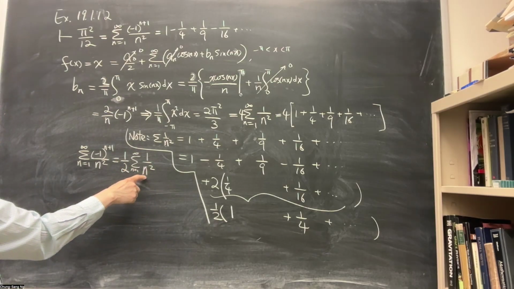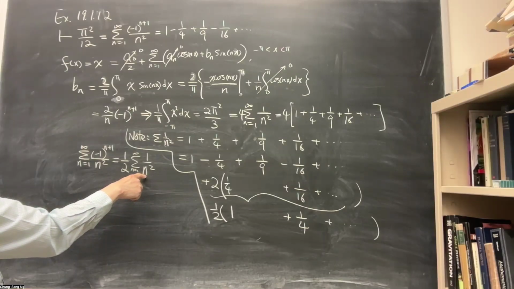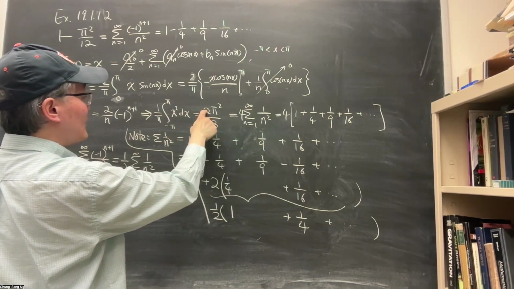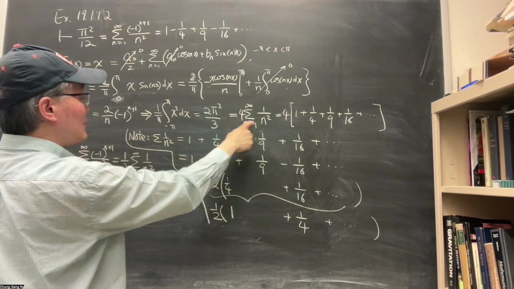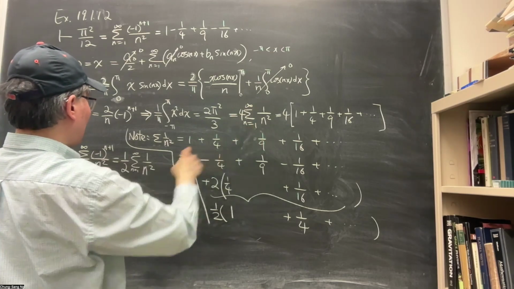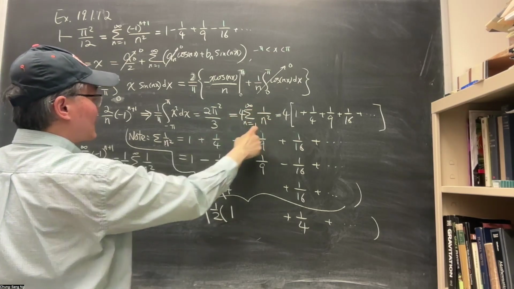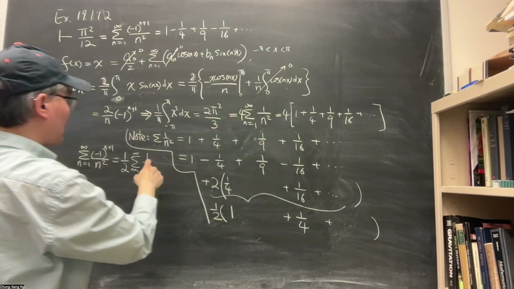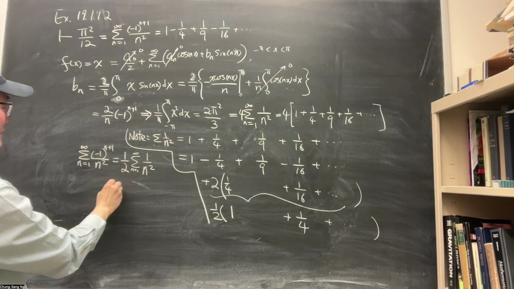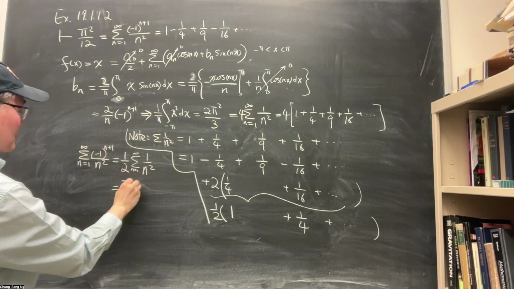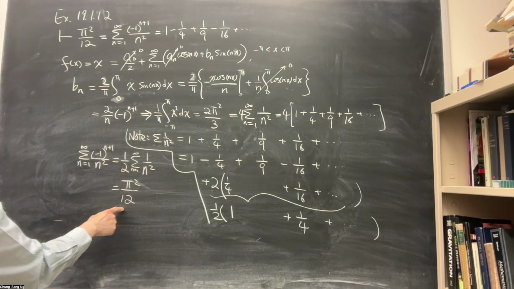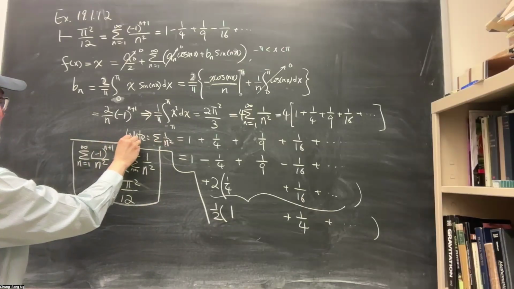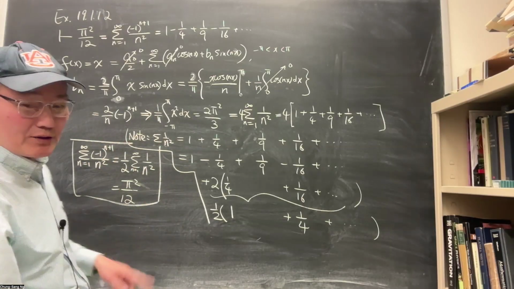We already worked out this identity: the sum of 1 over n squared is pi squared over 6, and divided by 2 is pi squared over 12. So you can do it that way also.